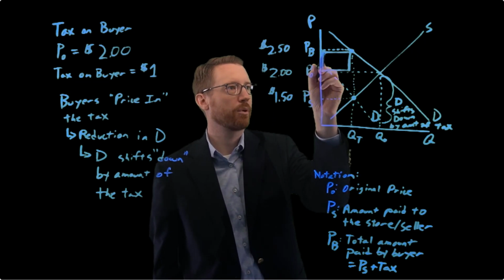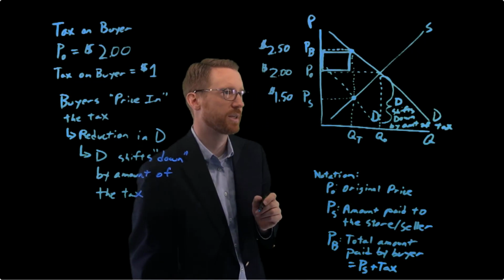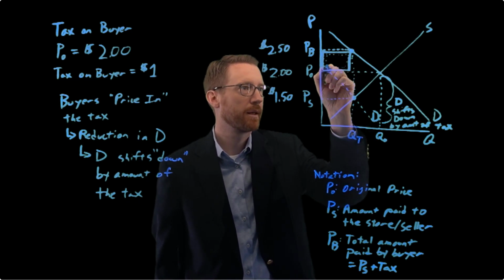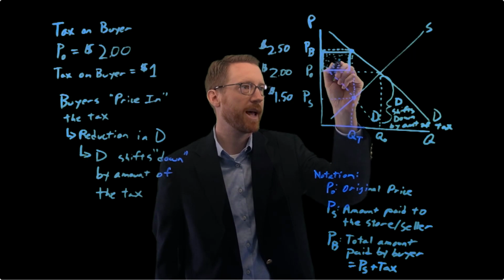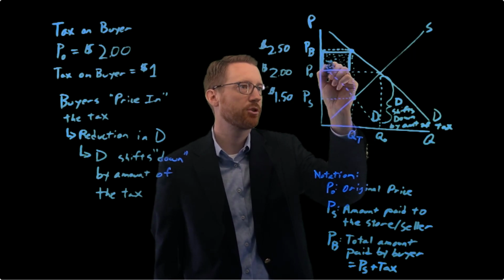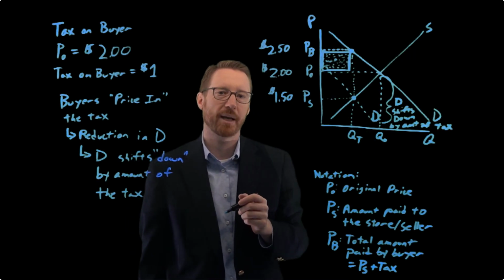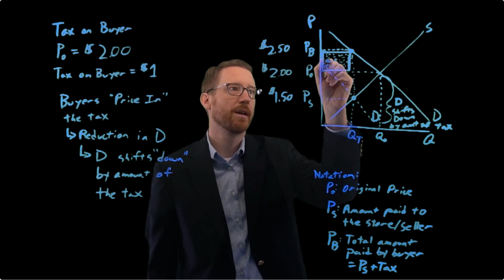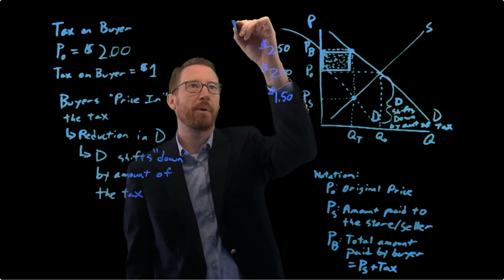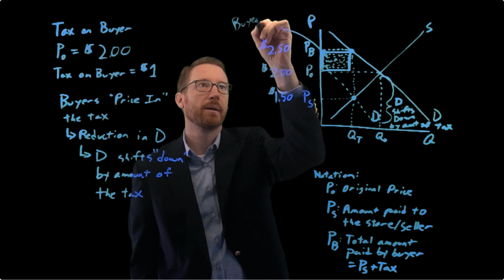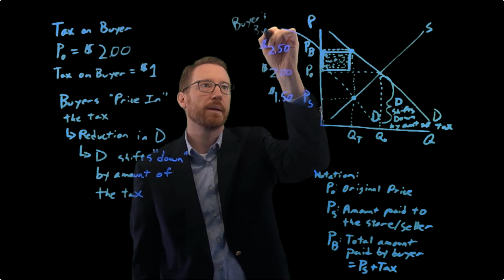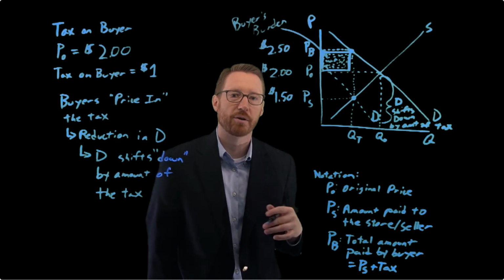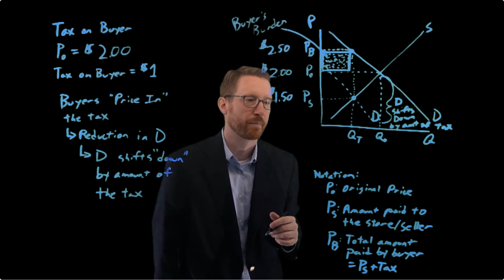So the increase in price across the entire quantity, this rectangle, is the extra amount in total that the buyer has to pay because of this tax. The increase per unit times the number of units. This is the buyer's burden. It's how much of the tax revenue raised falls on the buyer's shoulders.